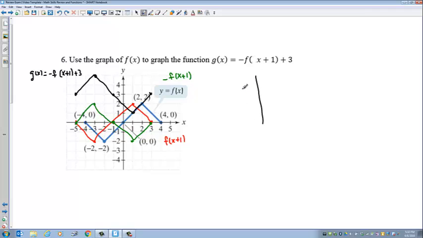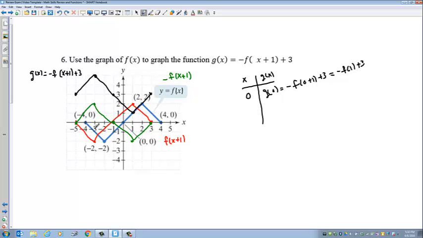Now you can even check your answer here if you want to. The way you can check your answer is you can just take x's and find out the outputs g of x. And so if you plug in 0, that's going to be g of 0, which is going to be equal to, you can plug it into the formula up here, negative f of 0 plus 1 plus 3, which is just equal to negative f of 1 plus 3. And you can read f of 1 off your graph.